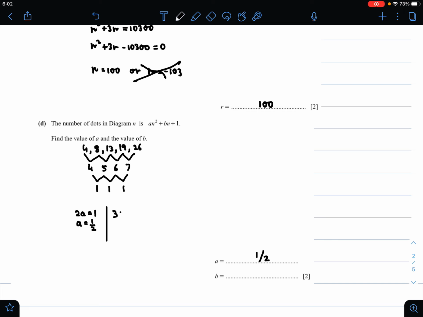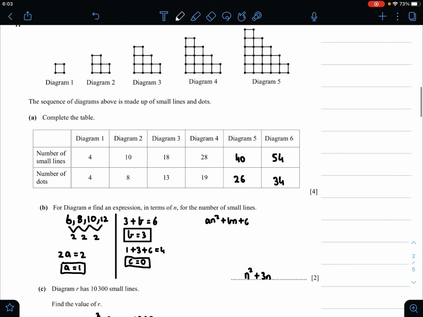So a in this case is half, so 3 by 2, because 3 multiplied by half is 3 by 2, plus b is equal to 4, in this case this term. So therefore b would be equal to 4 minus 3 by 2. So 4 minus 3 by 2 is equal to 5 by 2. Therefore your b value will be 5 by 2. And therefore these are your final answers for question 11 of this paper.